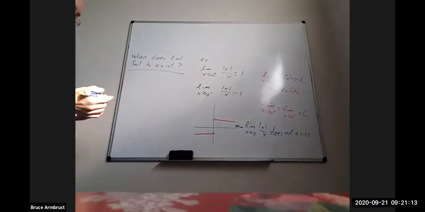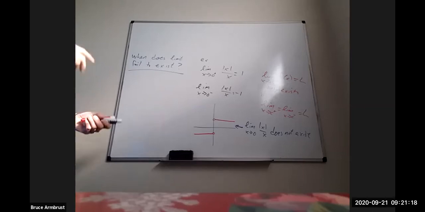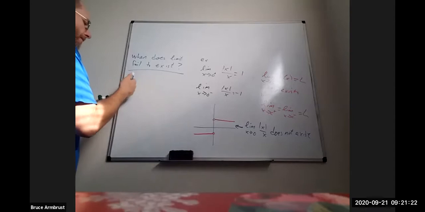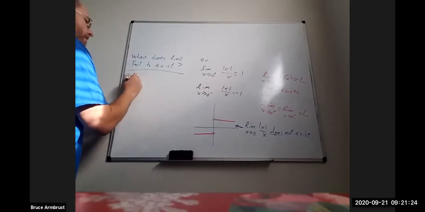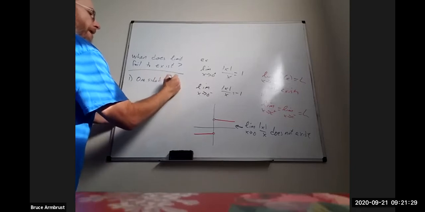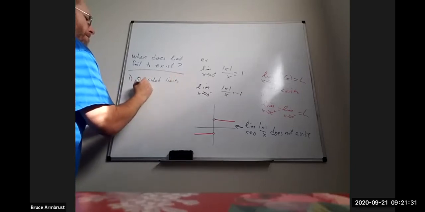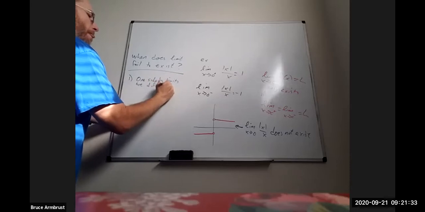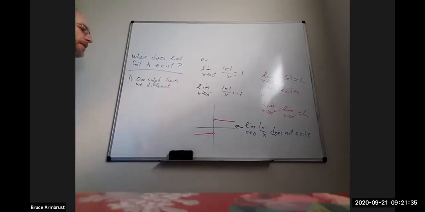Because that's probably a good question just to have in our mind anyway: are there going to be times when this limit doesn't exist? So the first one is when the one-sided limits are not the same. So let's go ahead and put it here. So the one-sided limits are different.